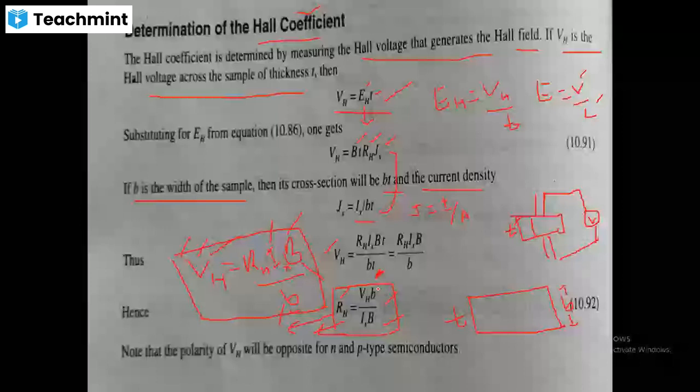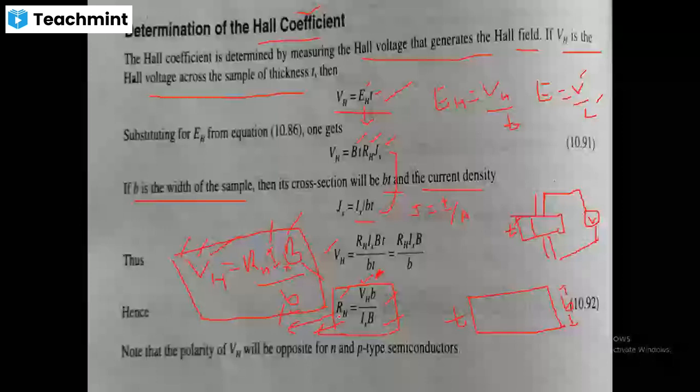If you look at this equation, it depends upon what? It depends upon the only parameter, this VH, the Hall voltage. Means what? For a given semiconductor, the Hall voltage is going to be negative for N type material, and the Hall voltage is going to be positive for P type semiconductors. Therefore, by noting the value of VH, we can calculate the value of RH, and we can say if RH is negative, then the given material is N type.